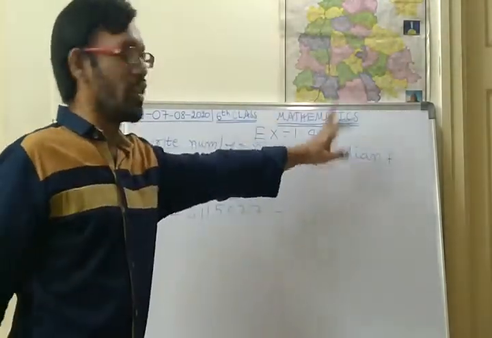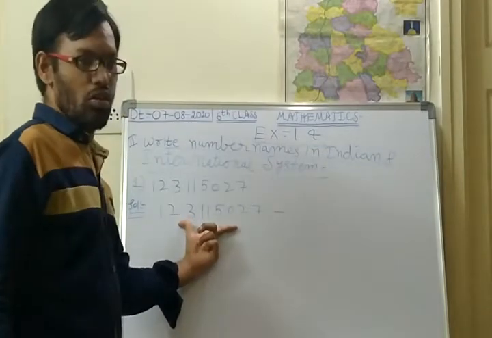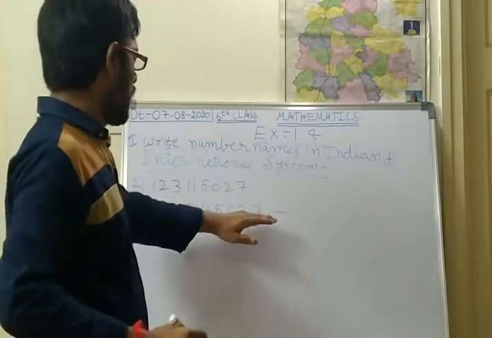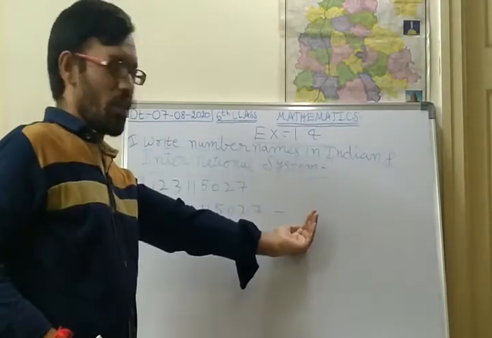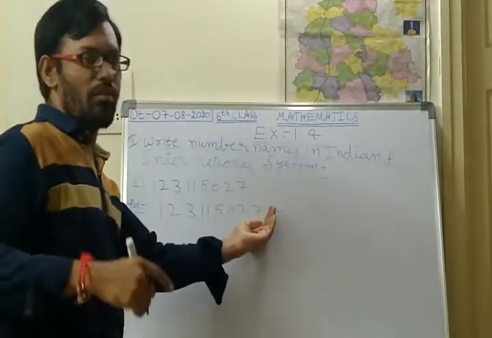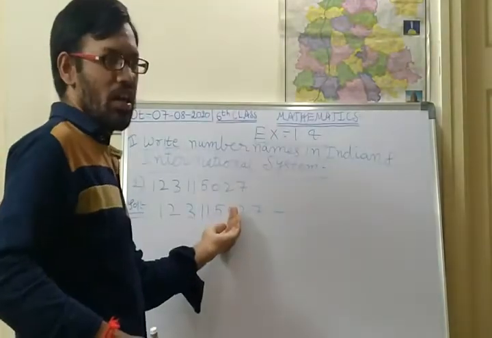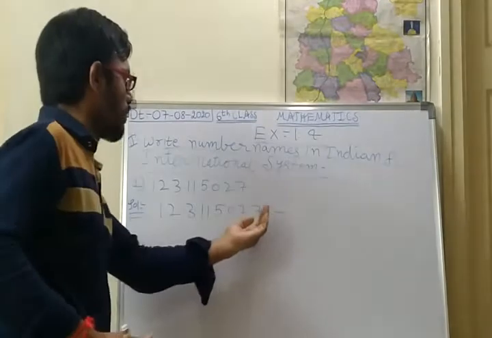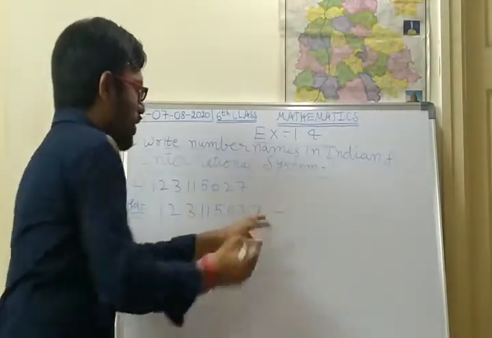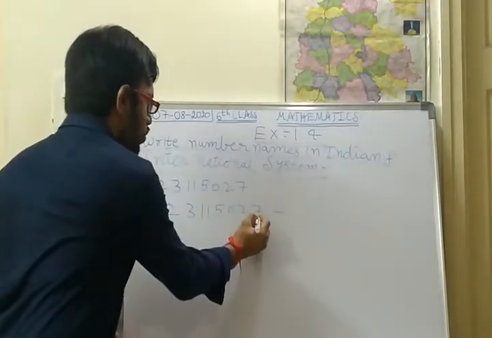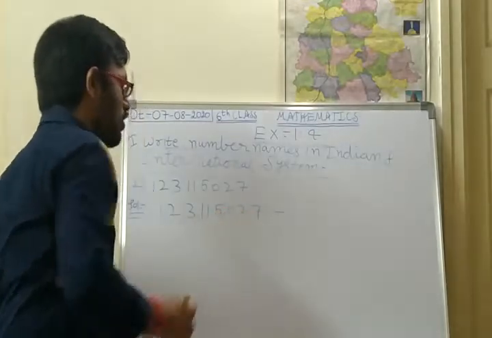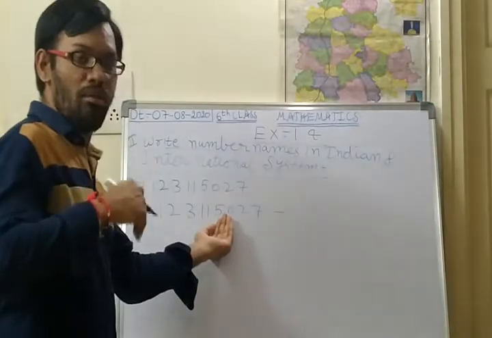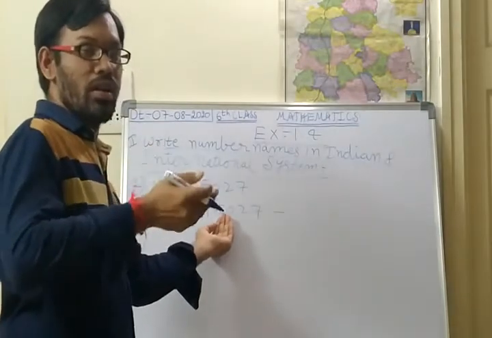Indian system means starting from the right side, the first comma will be placed after 3 digits. Afterwards, for every 2 digits the comma will be placed. So first comma starting from the right side after 3 digits, then from the second comma onwards, you should place again after every 2 digits.